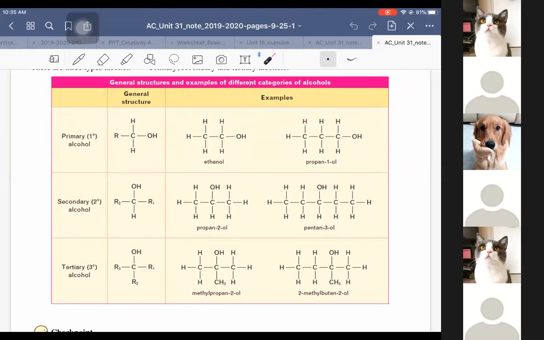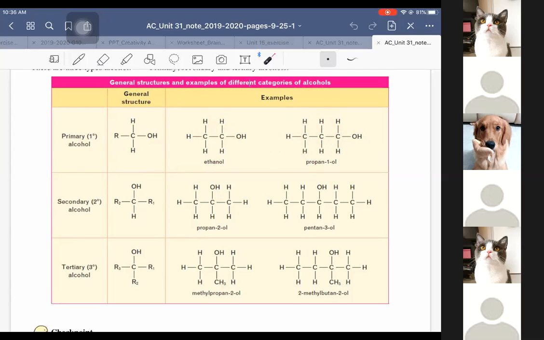If the carbon with the hydroxyl group is only attached to one more alkyl group, then we say it's primary alcohol. Here we got an example: ethanol, only one methyl group attached to that carbon with the hydroxyl group.